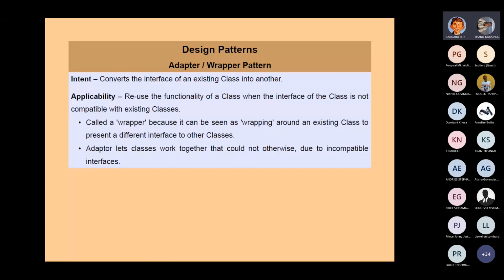You would then use an adapter wrapper pattern, known by either name, simply to wrap that around the existing problematic class and provide it with an easier or more suitable interface. It lets classes work together that couldn't work together otherwise due to incompatible interfaces. So it's just a nice wrapper around another class that makes it easier to use. As I say, it's very similar to the facade pattern. But you don't need to know huge detail about this, just have an idea of what it does and read what's in the prescribed book.